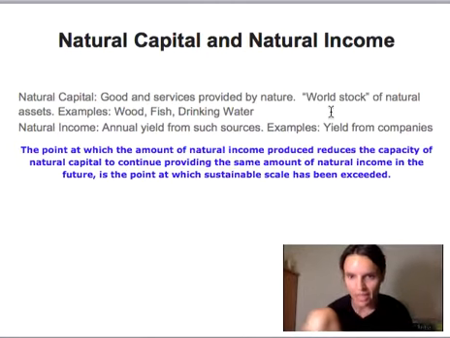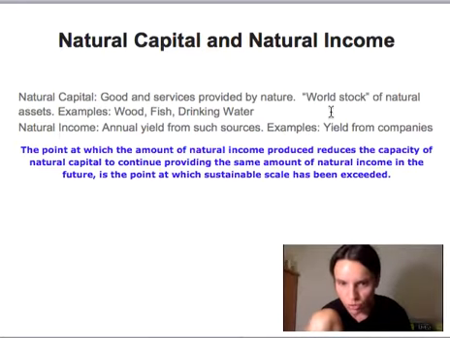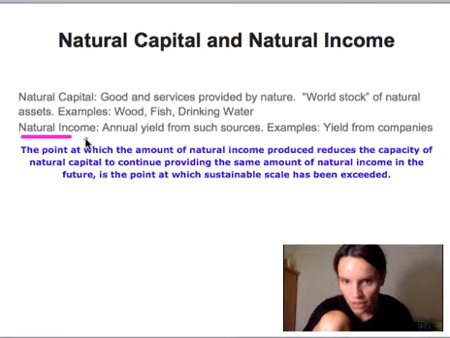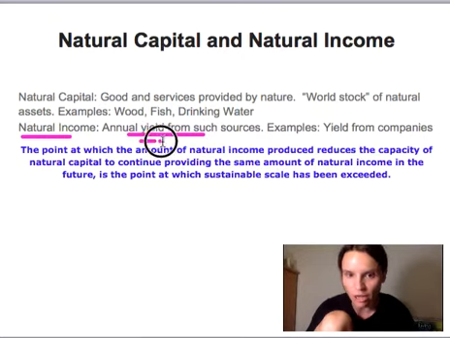So that's stuff like the amount of fish in the ocean, the amount of clean water in underground reservoirs. A lot of times, as anthropocentric or technocentric individuals, we look at those sources of natural capital in terms of the natural income that they are going to be able to produce for us. So how much money, how much yield do we make from those resources?